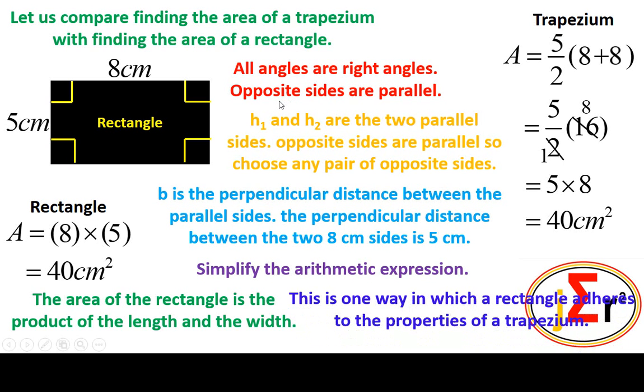This is one way in which a rectangle adheres to the properties of a trapezium. So we have treated this rectangle like we would a trapezium in finding the area. It turns out that they are the same. So we are sure that at least concerning the property of area, the rectangle is actually a trapezium.